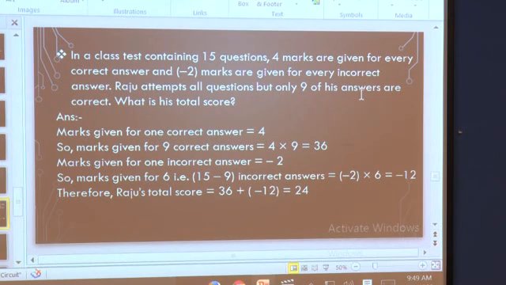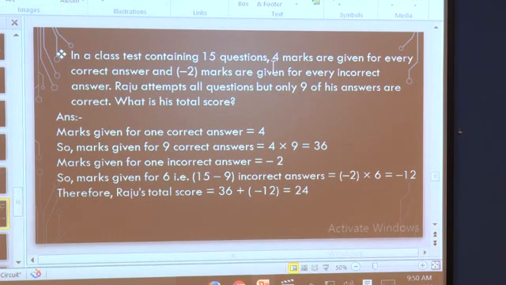You people also do similar, no? Suppose you all are Raju. Now you have to find out what his total score is. Again the word is total. Remember this, we have to do all things one by one. Total means again somewhere we will go for sum or addition. Now marks given for one correct answer is how much? 4.